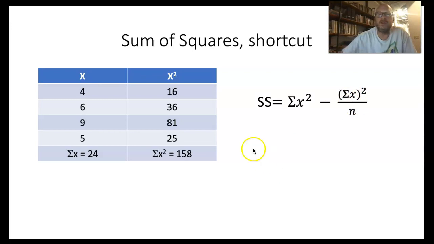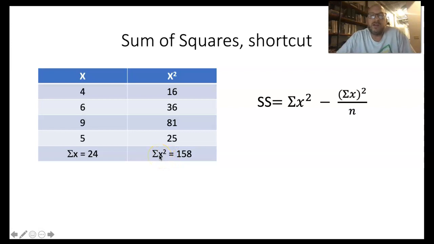So here's how that works. If you want to use this method to calculate sums of squares, you add up the x's, which is 24. Over here I've squared each x value. So 4 is 16, 6 is 36, 9 is 81, and so on. And then I've added them up.